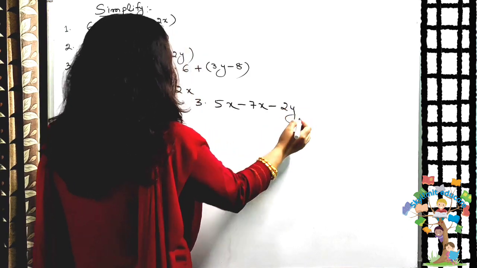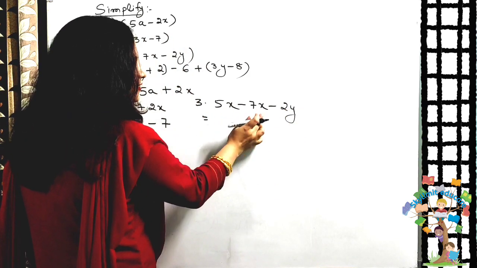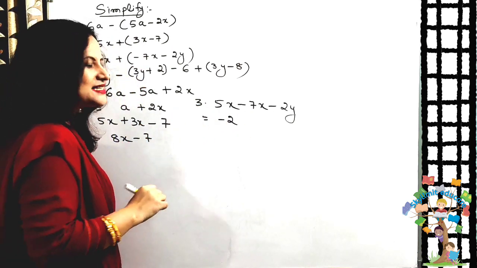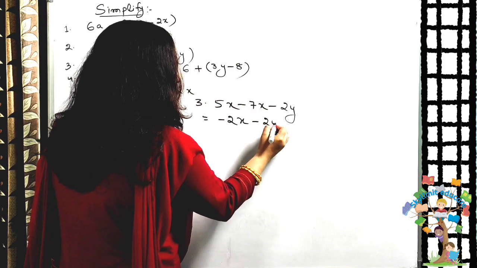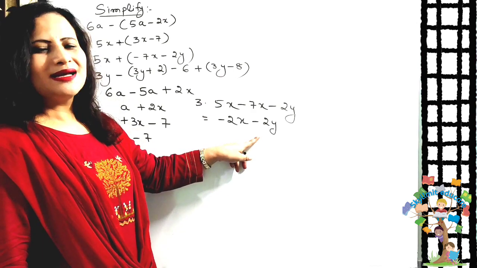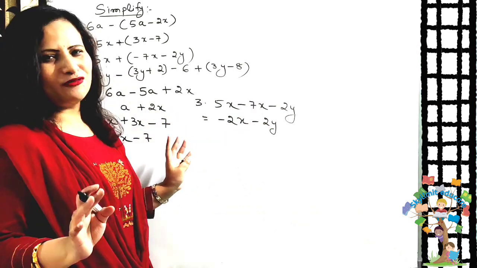Simply you will write like this. Now these two are what? Like terms. So 5 minus 7 is minus 2, and the literal coefficient is x. And then again minus 2y. Now can you add or subtract these two? No, because both are unlike terms. They have different literal coefficients.